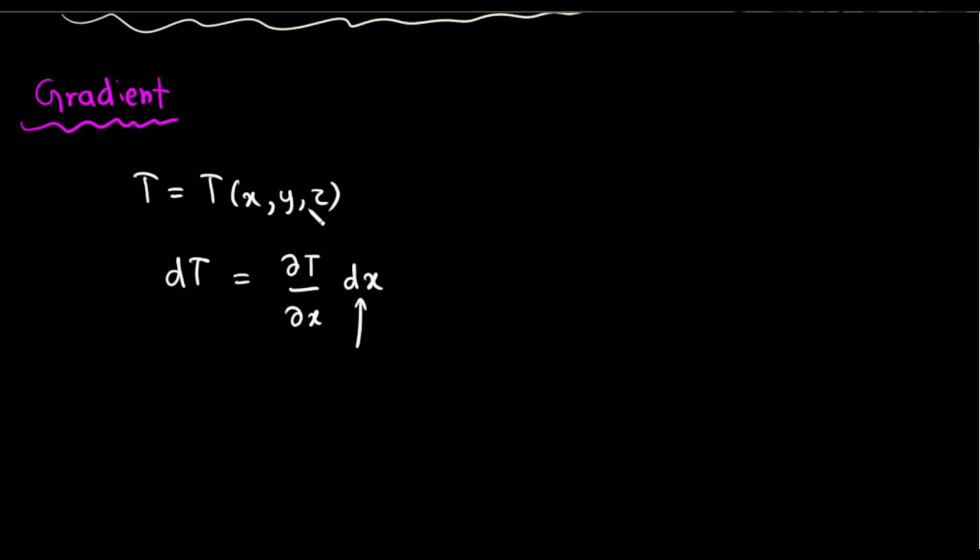Actually x, y, z are variables. For example, if you take t equals x squared y z squared, this is my scalar function t. It depends on the x, y, z variables.